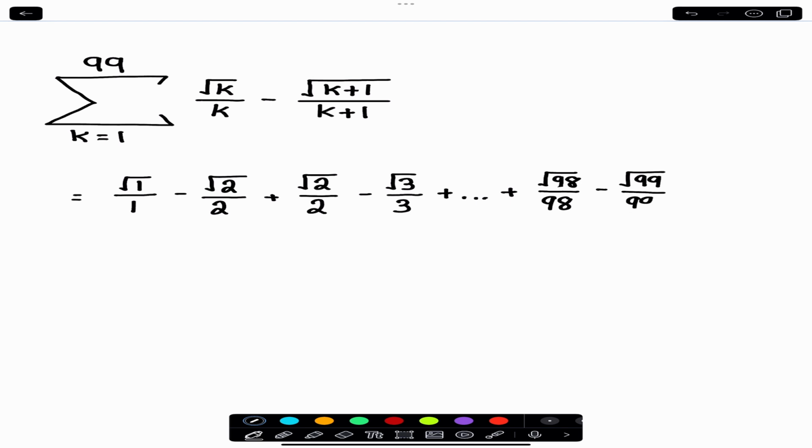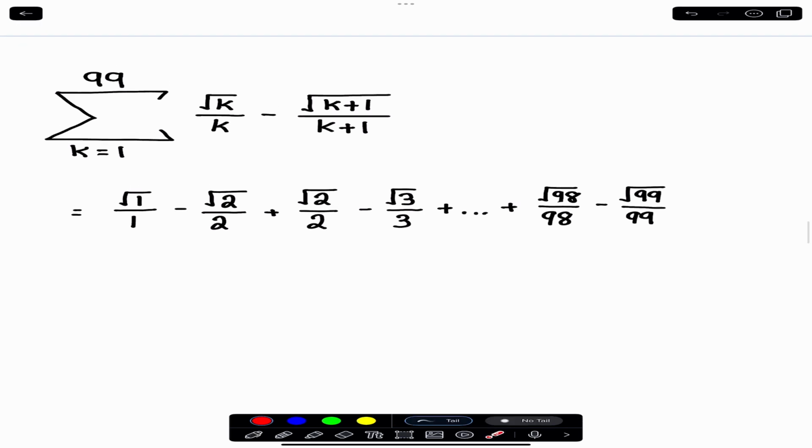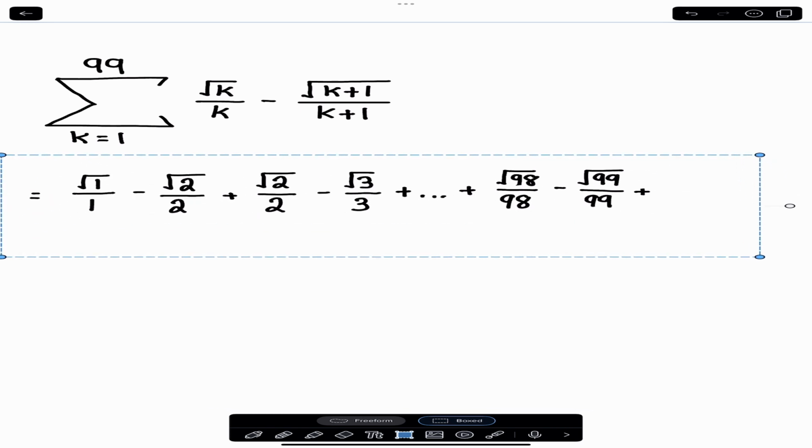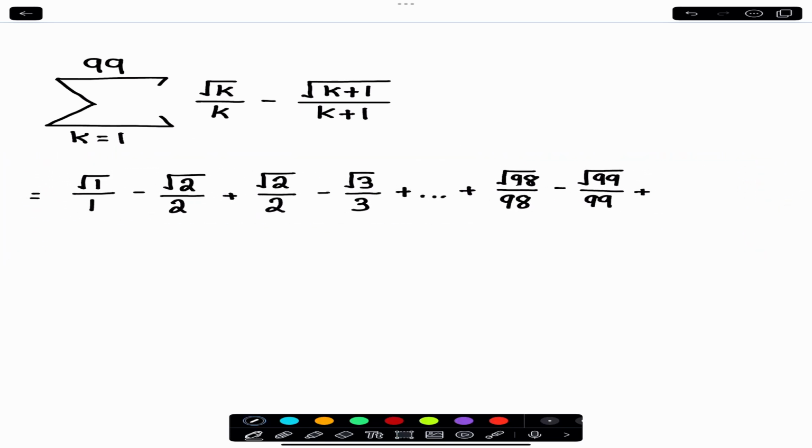And then finally, our last number, 99. Remember, top number is where you stop at. That ends up being this last term here.